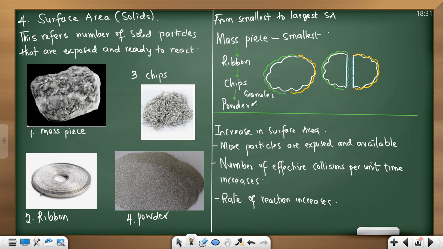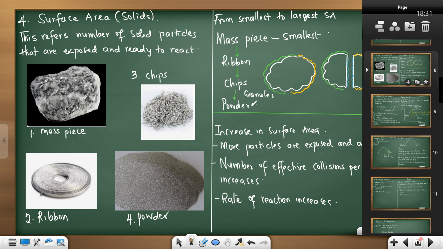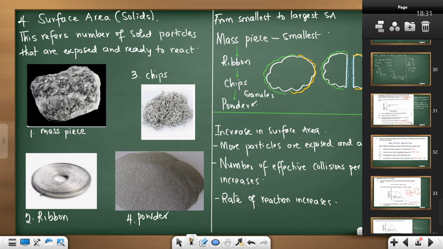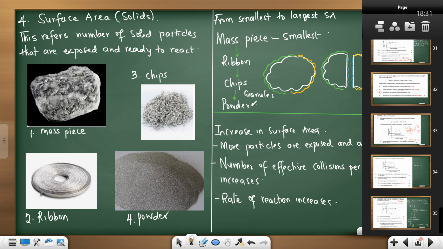Because from chips, we can break it down further to granules. Granules can be ground further to powder. I was trying to just show the difference. That's a ribbon there. You have your chips there, and then you have that. I think I remembered I didn't put the word granules. All right, let's see. How will I answer this question?